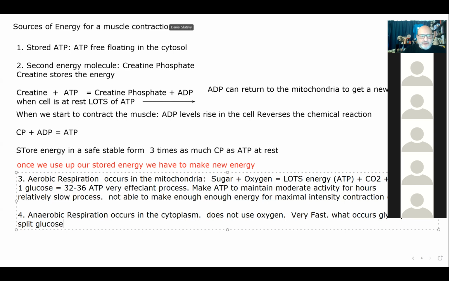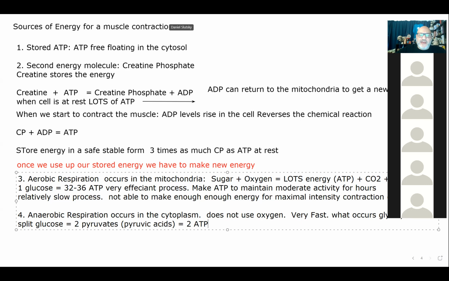And when we split the glucose, we get two pyruvates, or you can also call them pyruvic acids. And when you do that, you get 2 ATP.